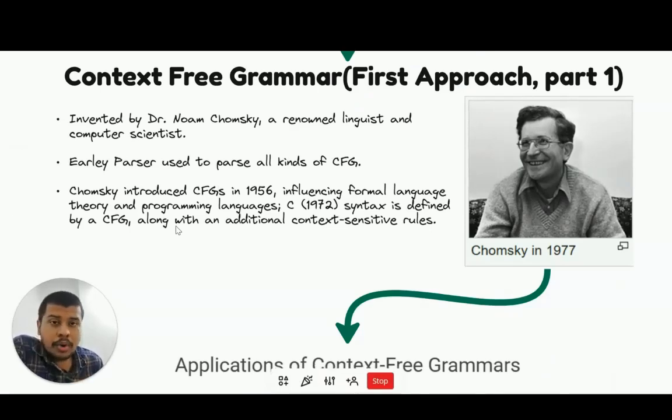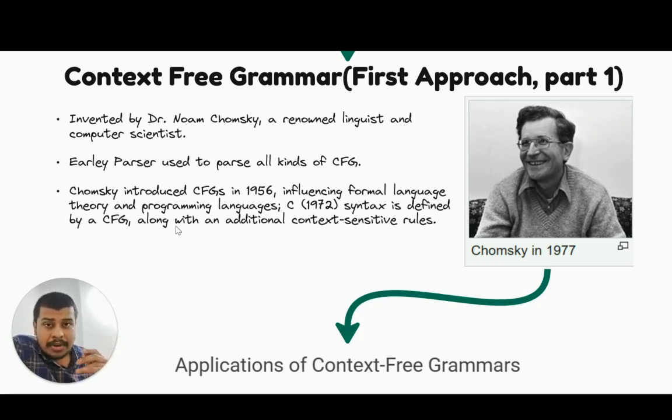One more thing you have to know is that the context-free grammar was introduced in the year 1956, but the C language came only in the year 1972. So they had a lot of time to improve this context-free grammar to an extent, right? The C language was invented in Bell Laboratories in 1972.